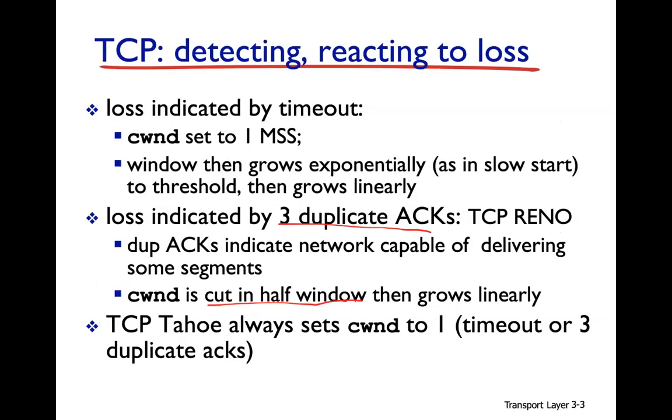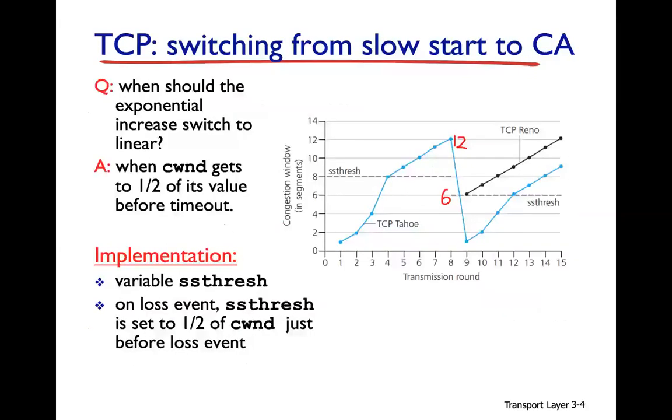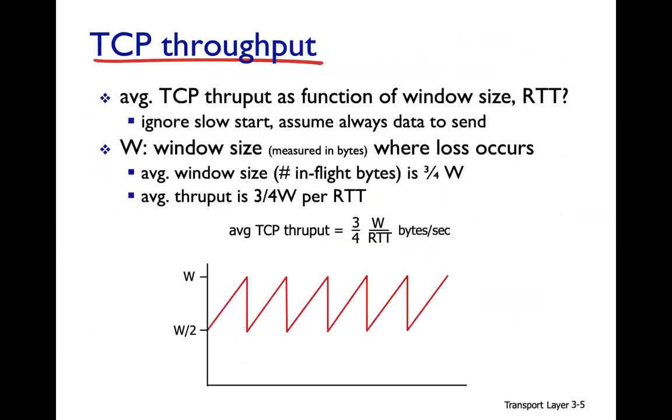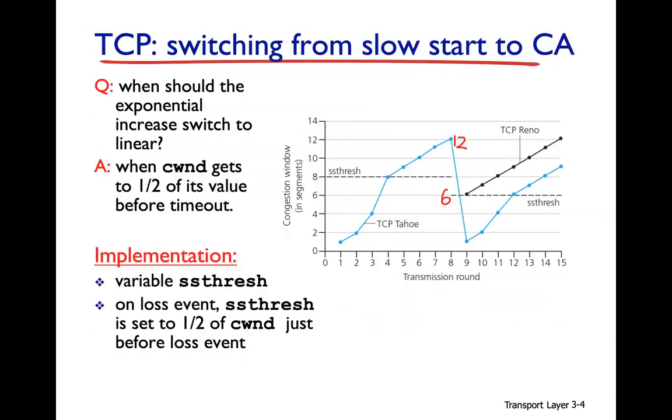Okay, no matter whether you do Reno or Tahoe, it will go back to 1 on a loss. Duplicated means that you can still deliver some segments, but you cannot deliver the whole thing. So this is how TCP generally deals with congestion.